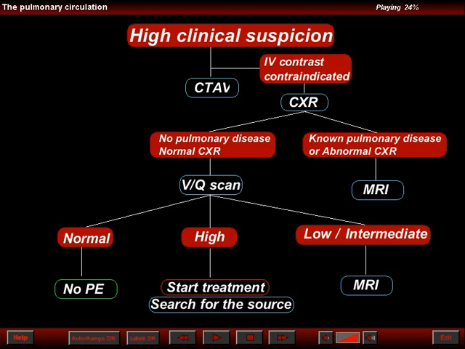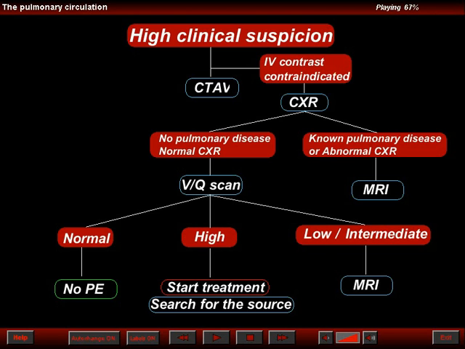On the other hand, if the VQ scan results in low or intermediate probability, then an MR angiography with or without the use of gadolinium, with or without MR venography, should be considered, and this is the new trend in patients with high clinical suspicion. When the VQ scan shows high probability, one should start the treatment for pulmonary embolism and seek the source. And the source is to be looked for using sonography of the veins of the lower extremities.